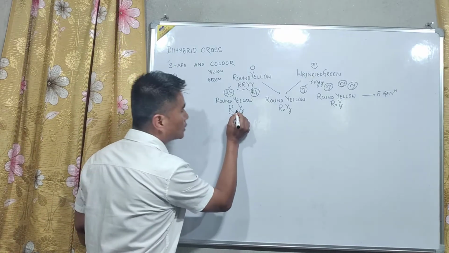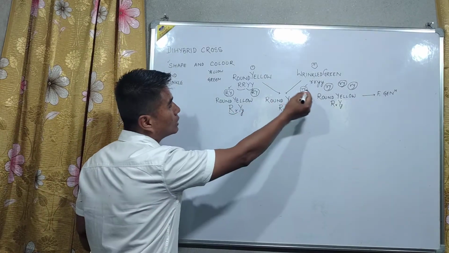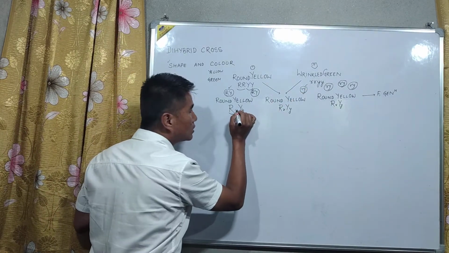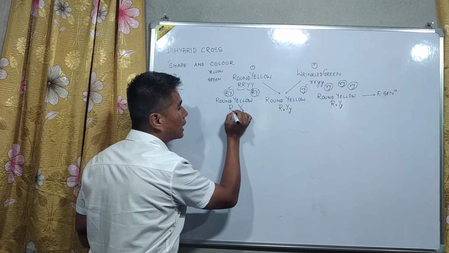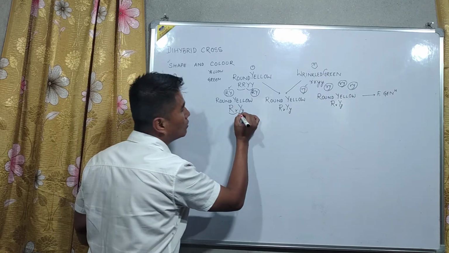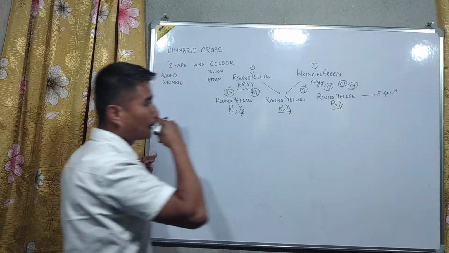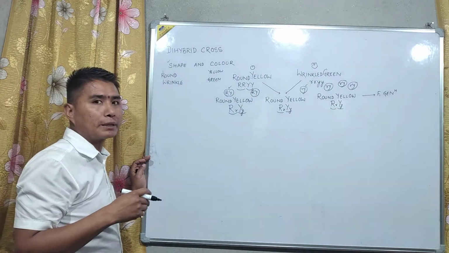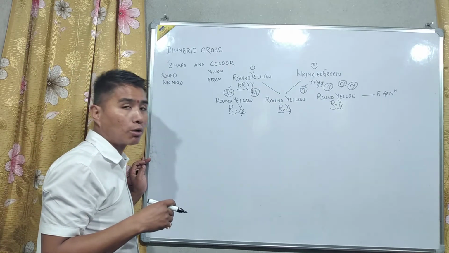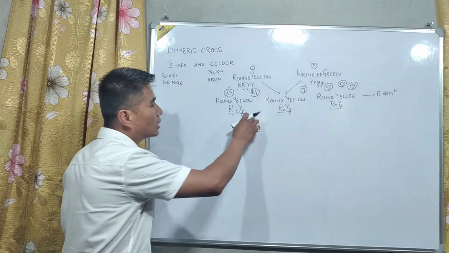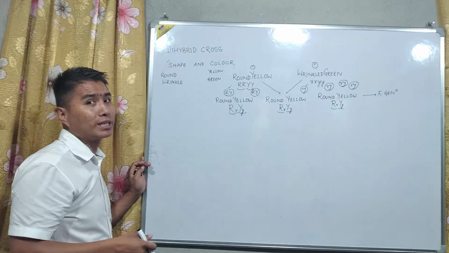Small r is wrinkled. The seed wanted to be wrinkled, but capital R is there, so it is round. So round yellow, round yellow, round yellow. So all the phenotypic characters of the F1 generation were round yellow, despite these all being hybrid round yellows, we can use the word.